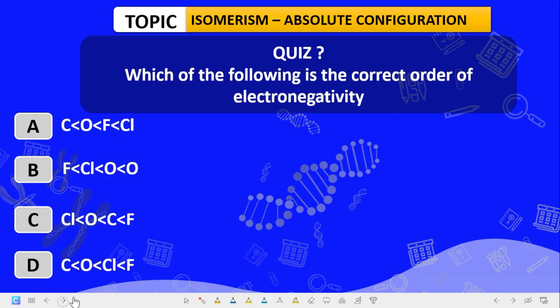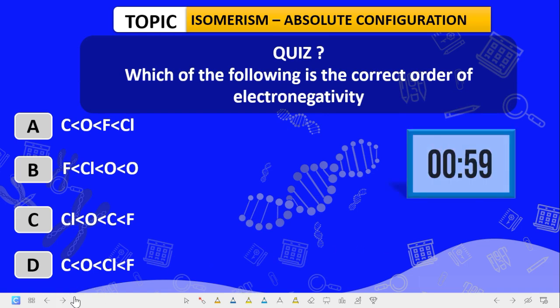Now let's look at the next question. The next question says, which of the following is the correct order of electronegativity?